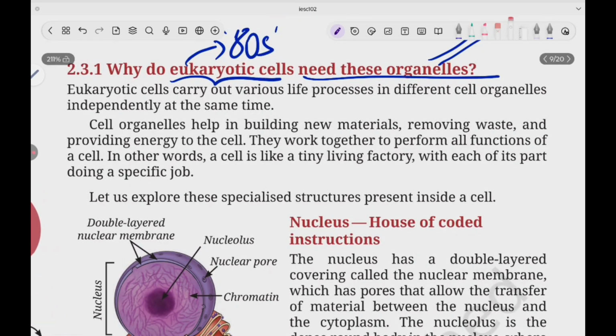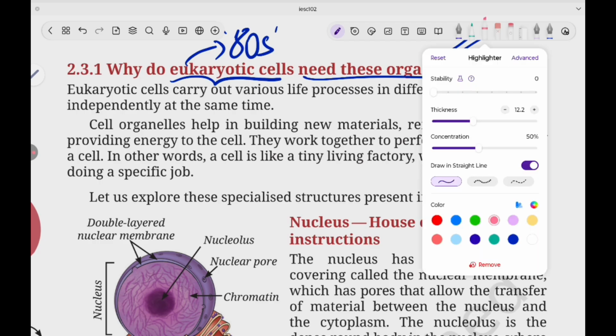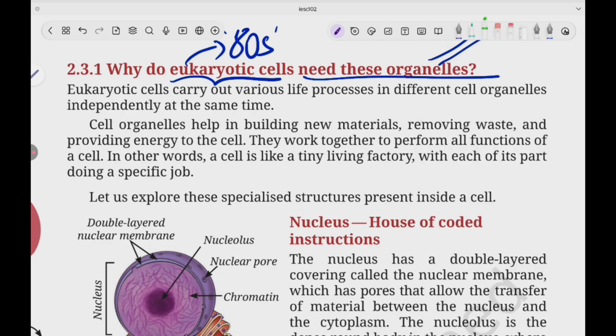Eukaryotic cells carry out various life processes. What are life processes actually? Life processes are those processes which are necessary for our day to day functioning, like respiration, transportation, circulation, excretion.